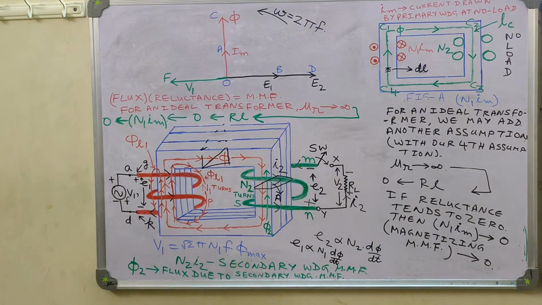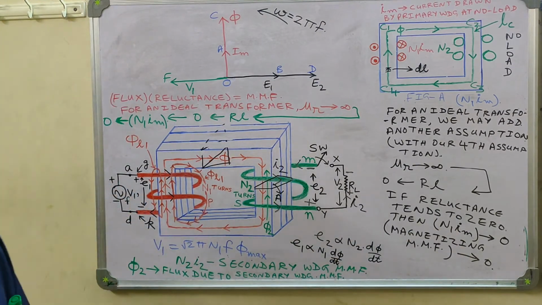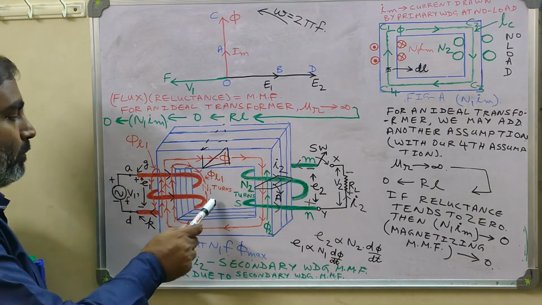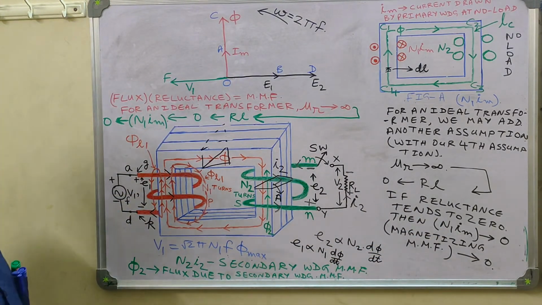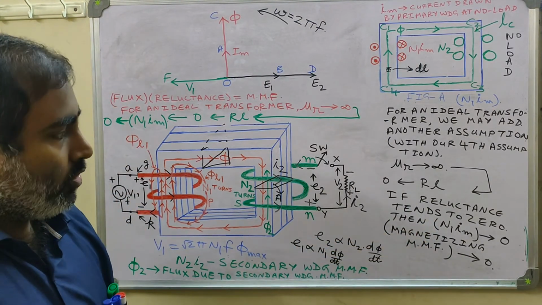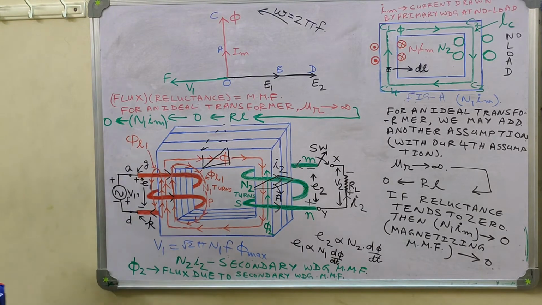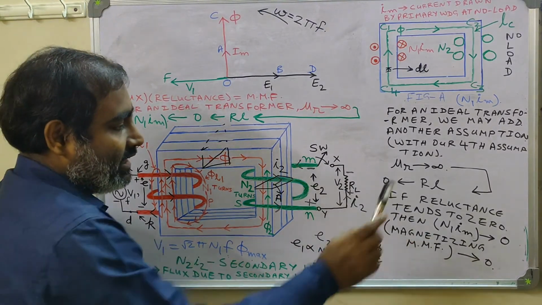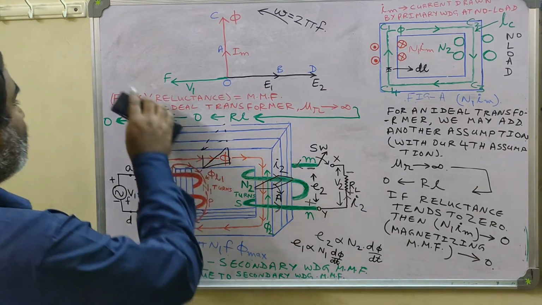Now if magnetizing MMF tends to 0, what is magnetizing MMF? N1 into Im. Obviously the number of turns of the primary coil P, that is N1, cannot become 0. So the only thing that can become 0 is Im. So we say that for an ideal transformer, the magnetizing current Im tends to 0. That is the more appropriate way of saying this.